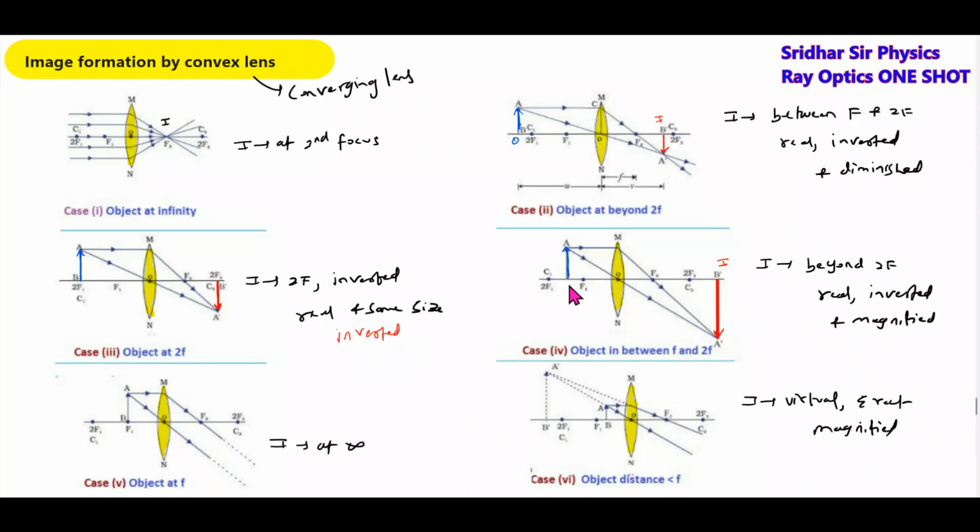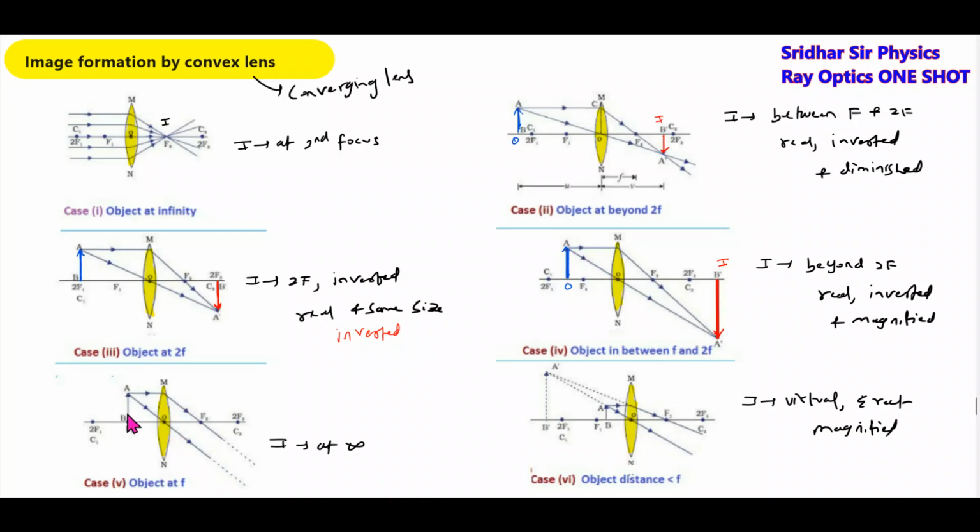And this will be the object. If object is between 2f and f, image will be beyond 2f, real, inverted and magnified. The ray diagram you can follow. One ray parallel to the optic axis after refraction will pass through focus, other passing through optic center, both will converge, therefore real image.